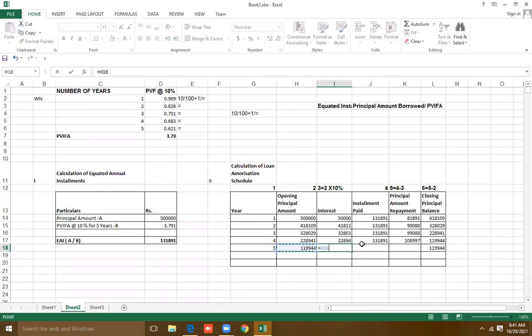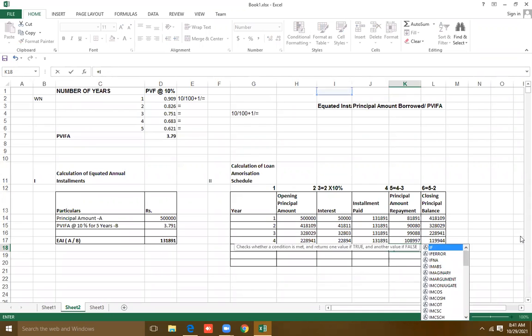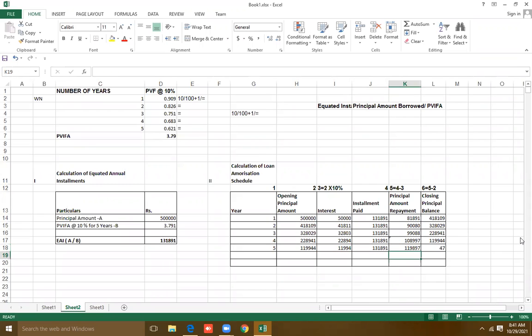If you take 10% of the opening balance as interest, and the installment amount is 1,31,891, clear? Now if you do it like this, your principal amount repayment will be this minus this.